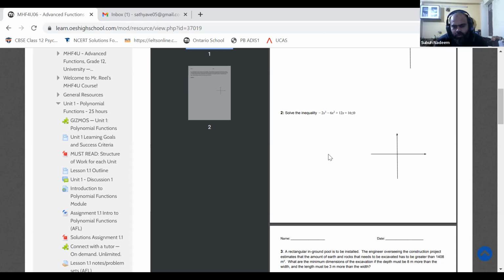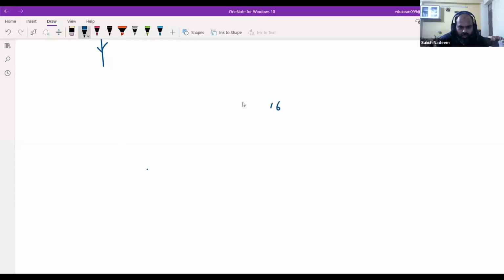So what are the possible factors which we have to check? It would be 2, 4, 8, and 16, then 8, then 4, then 2, then 1 divided by 1, and then 1, 2, 4, 8, 16 divided by 2.